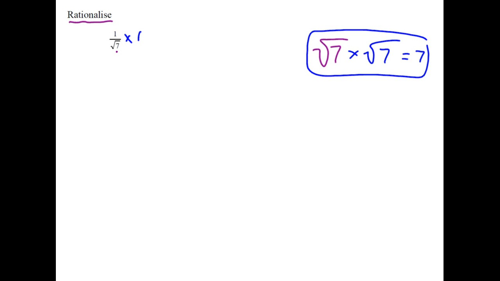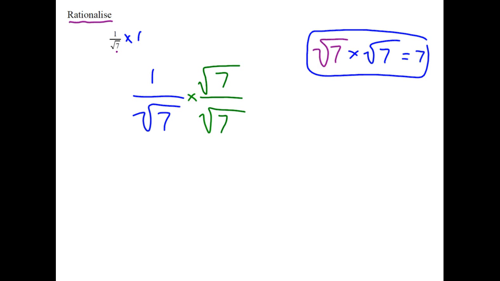Now, how do we get rid of a square root if we've got square root 7? You can times by square root 7, because that's just going to give you 7, remember? Okay, so if we could times the bottom by root 7, that would be really cool. Okay, but we can't just change the equation, so we need to times the top by root 7 as well. And look at the cool thing about maths.